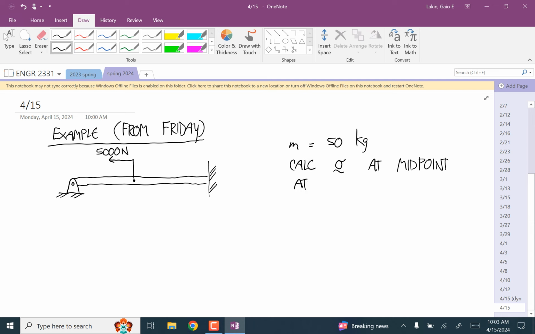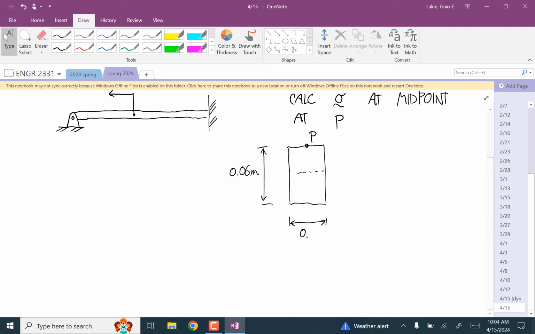And at the point P in this cross section, up at the top, where this cross section has a height of 6 centimeters and a width of 3 centimeters. And what was the length of the beam? Oh yeah, I didn't say, but it's 2 meters.